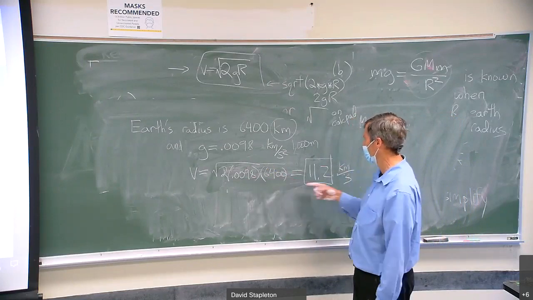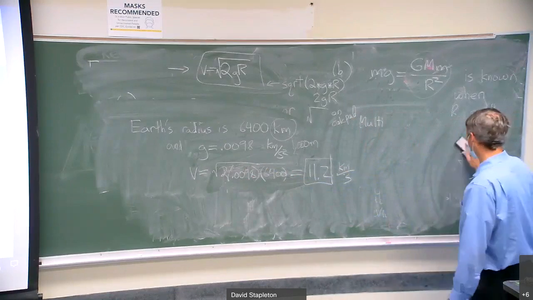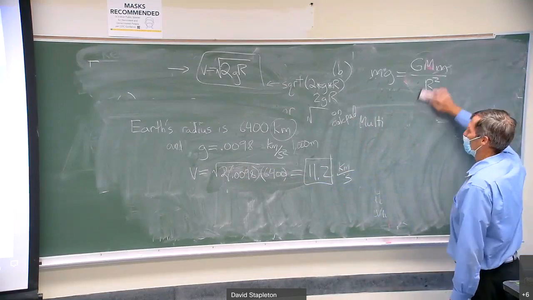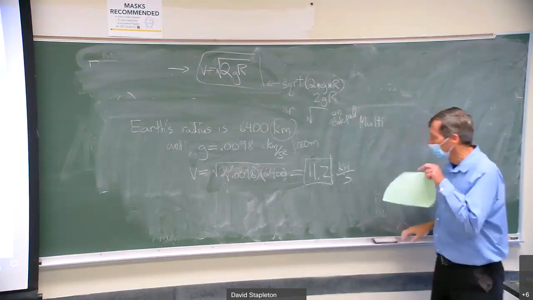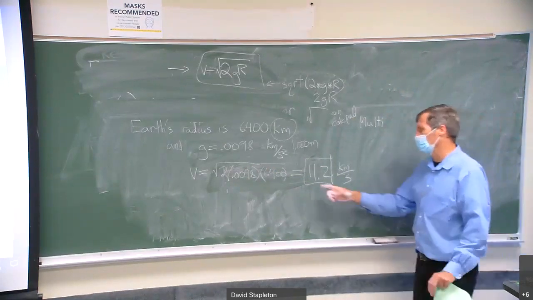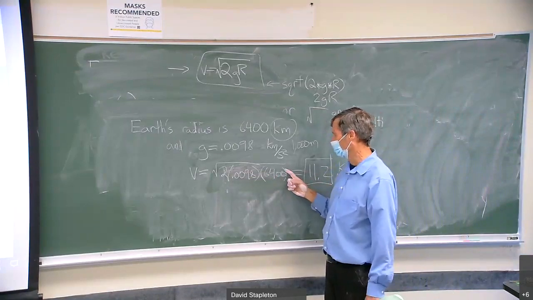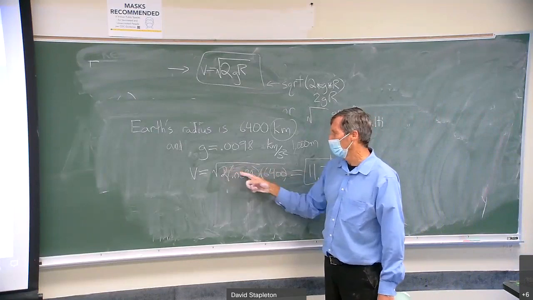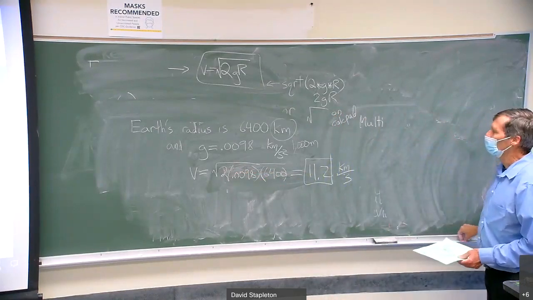They should have put more digits in on each of these. But I got the same answer. You've heard that before. If you multiply numbers with a given number of significant digits, you have to round to the number of digits of the least of these. Okay. Questions on that one?